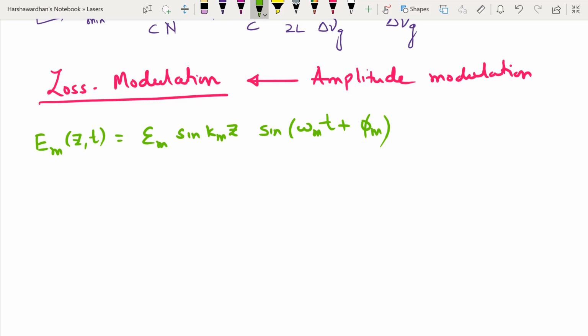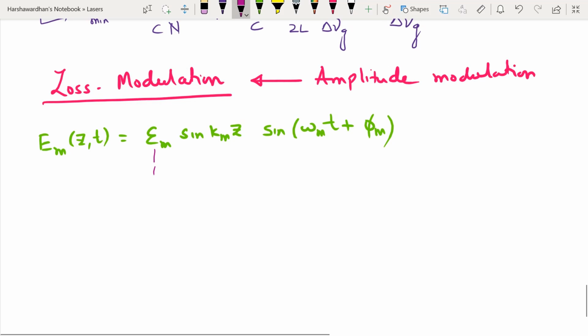Now you see this particular object, the amplitude of this is what is being modulated. That is, I'm looking at Em as some E naught, which is fixed for all the modes, and this is 1 plus epsilon times cosine capital omega t, right?